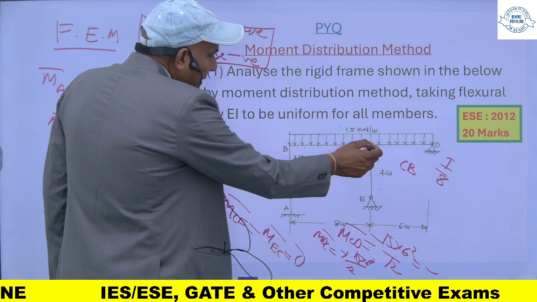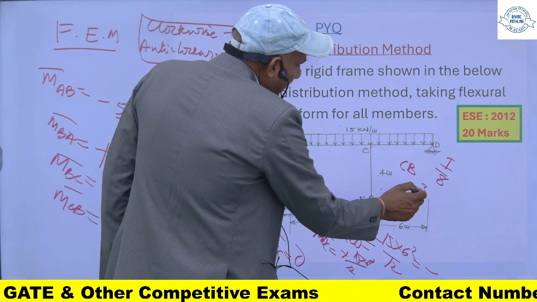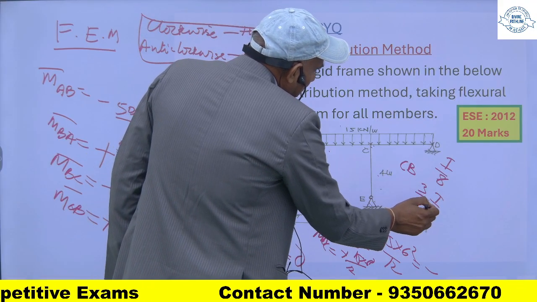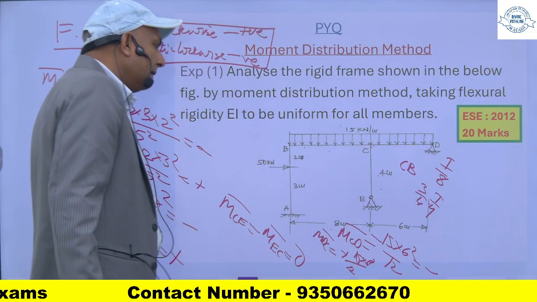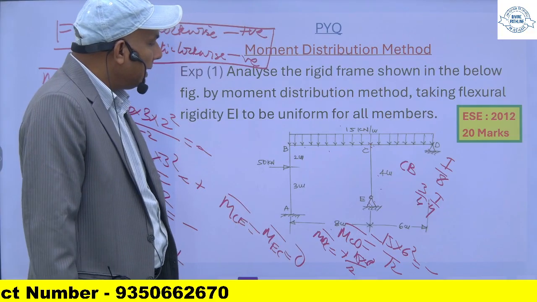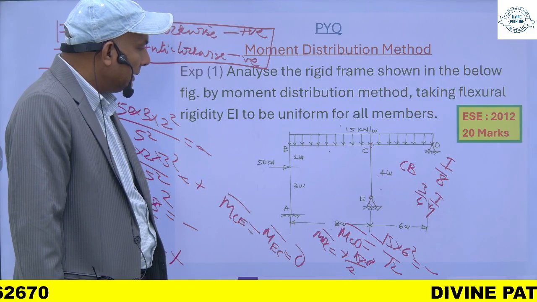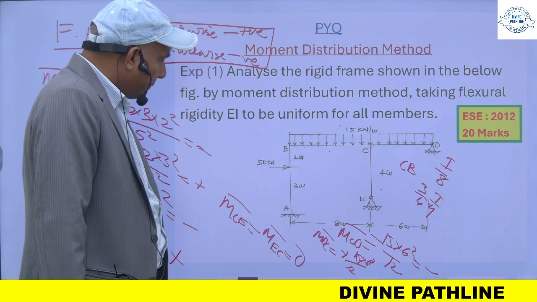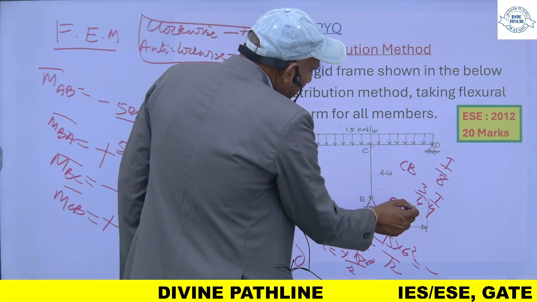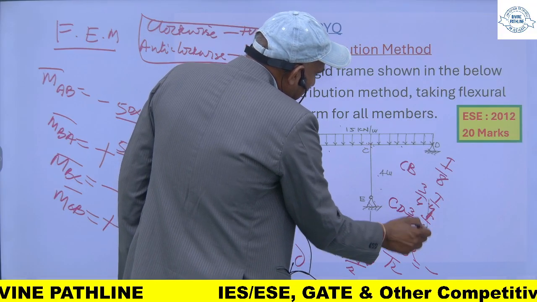For this member, since the far end is simply supported, hinged, it will be 3 by 4 times I upon L. For fixed it is simply I upon L, and when the other end is hinged, it will be 3 by 4 I upon L. And for this member also, CD, it will be 3 by 4 I upon 6.